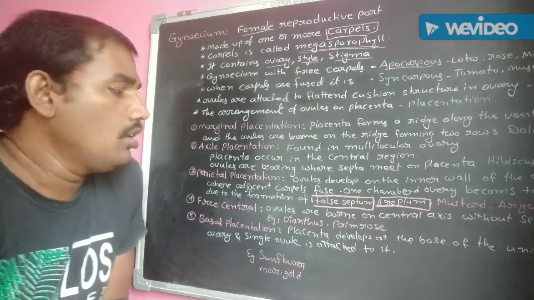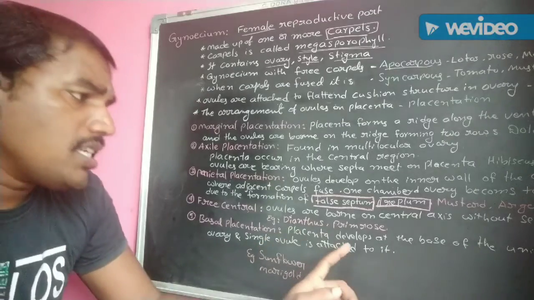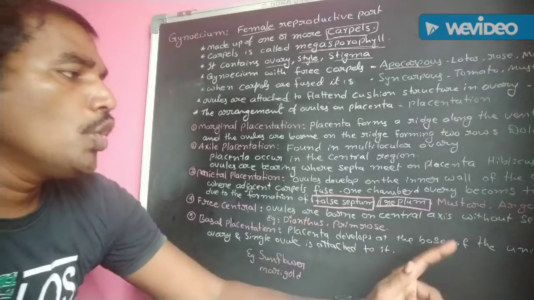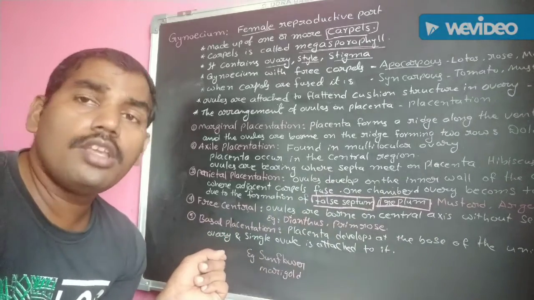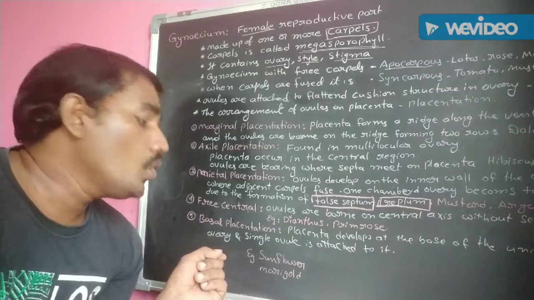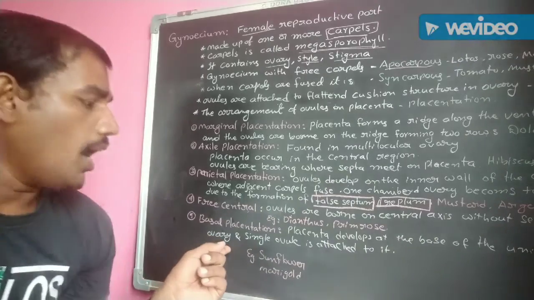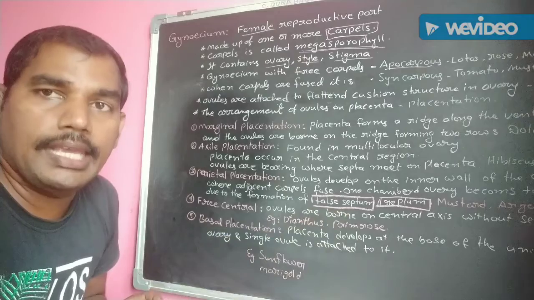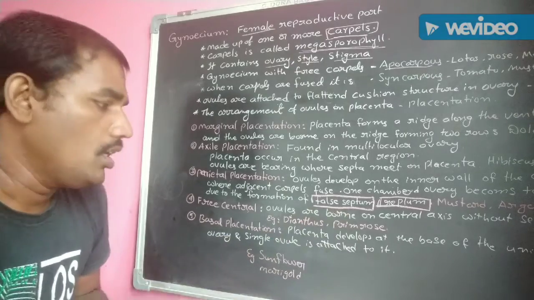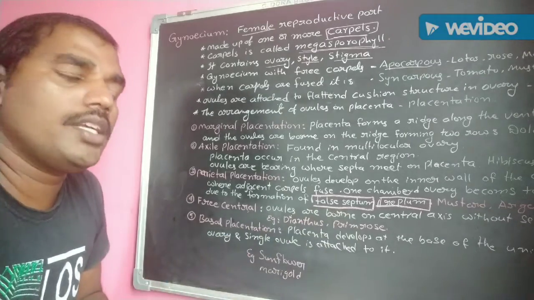So the placenta develops at the base of the unilocular ovary. How many locules are present in this ovary? Only a single one. Unilocular ovary, and a single ovule is attached to the base of it.